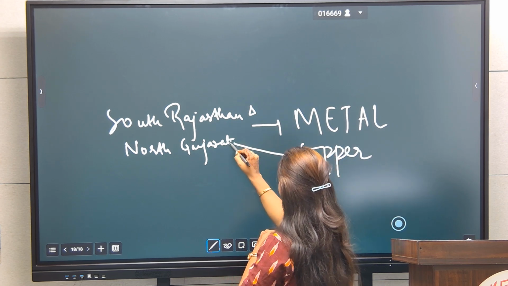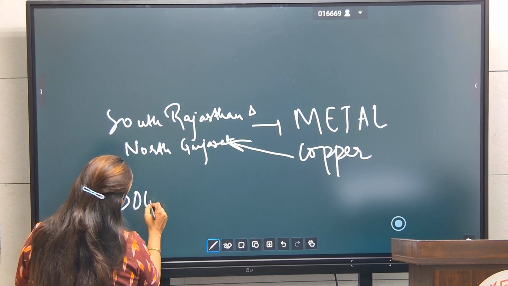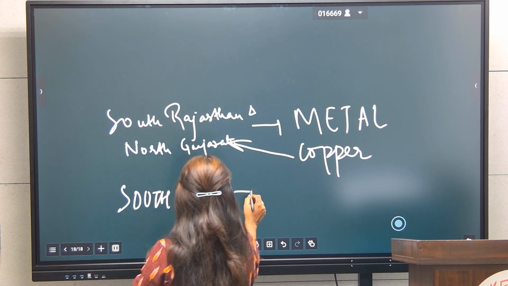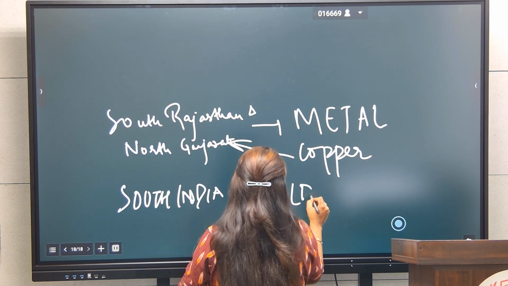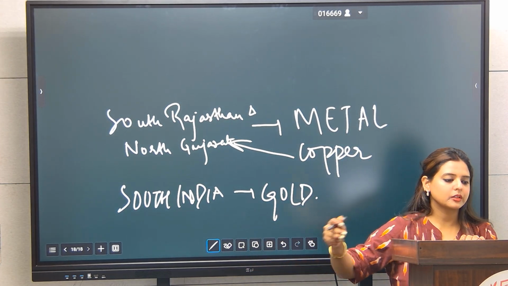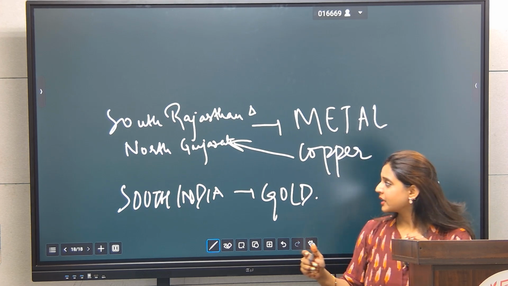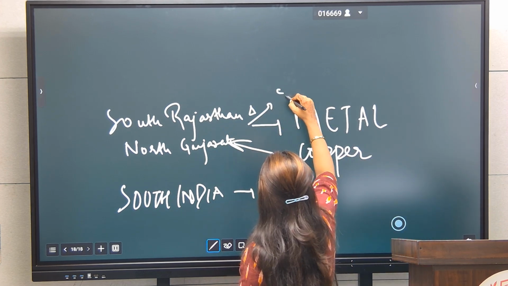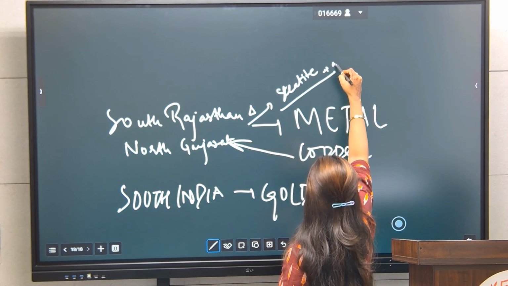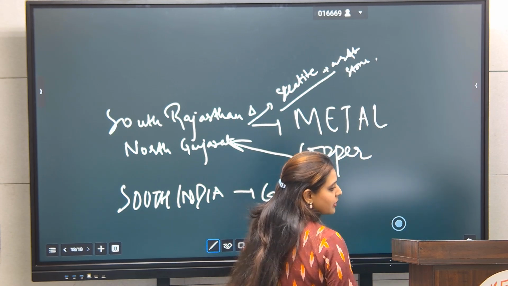Copper was found here, and south of India for gold. Gold was bought from South India. Steatite was also found in South Rajasthan and North Gujarat. Steatite, a soft stone, was also found here.